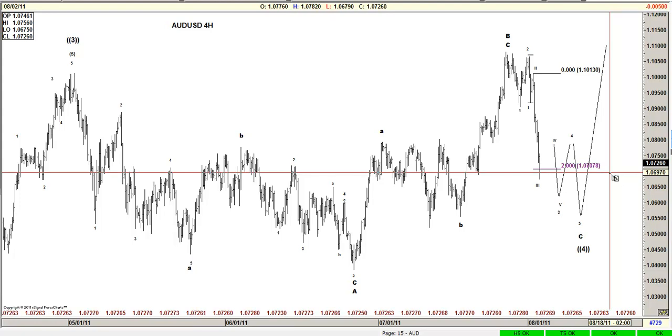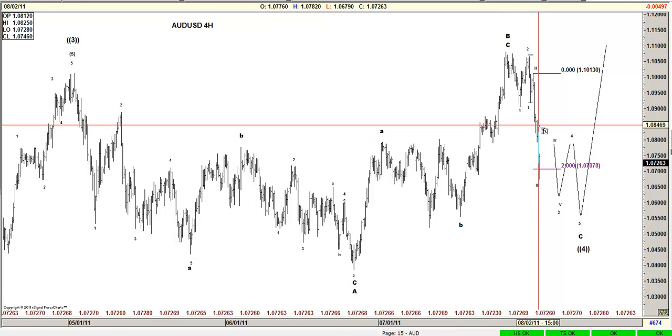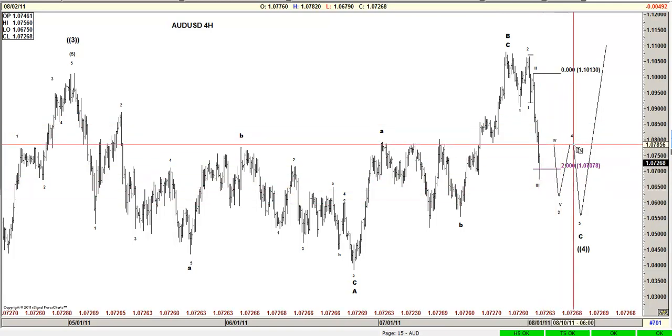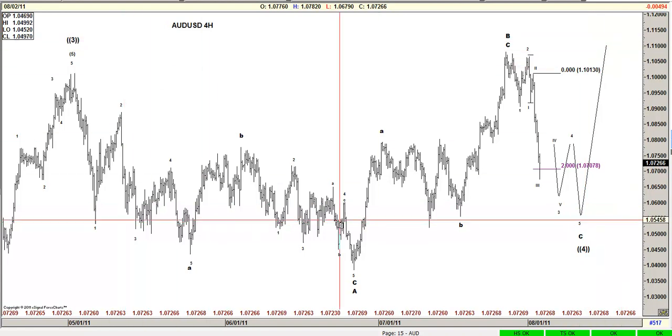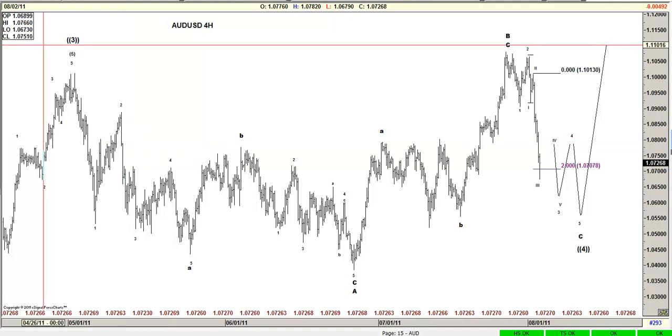I changed the count in some degrees, but it proved that I knew what I was talking about when I was saying that was the case. Why? Because too many nests. Now what we need is ending a 3, a 4, a 5, a 4, and a 5 before renewing. This is a flat on the Aussie, nothing more than that.